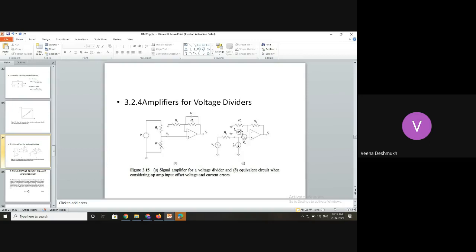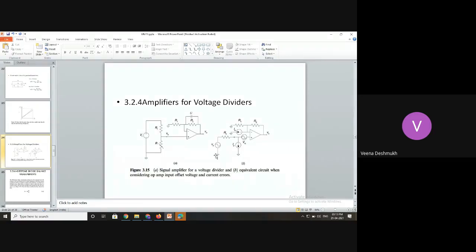Now whatever voltage variations are there, they get multiplied by 1 plus R2 by R1 in the case of non-inverting mode. So if I have an input of 1 volt, which is given by the sensor or this variable resistive element, the drop across that sensor is fed here to the non-inverting terminal, and the output will be V out is equal to V sensed into 1 plus R2 by R1.